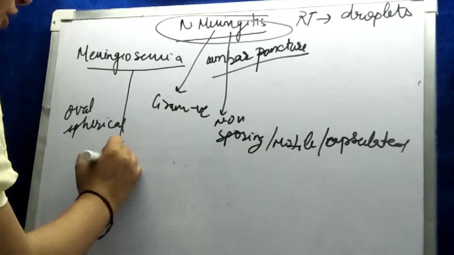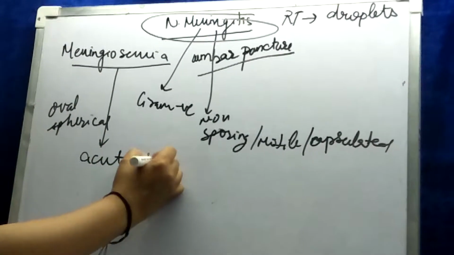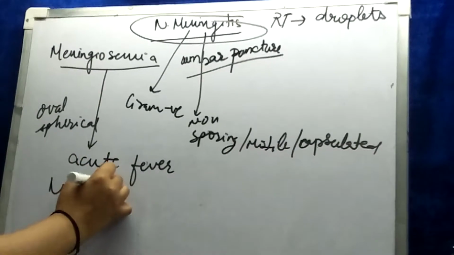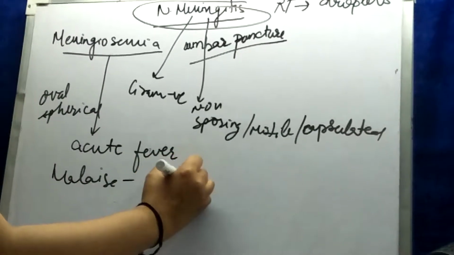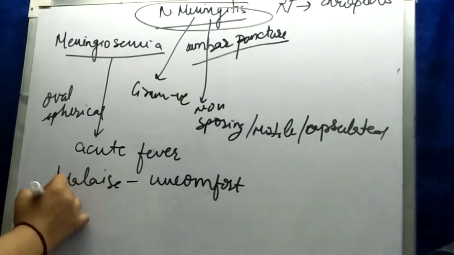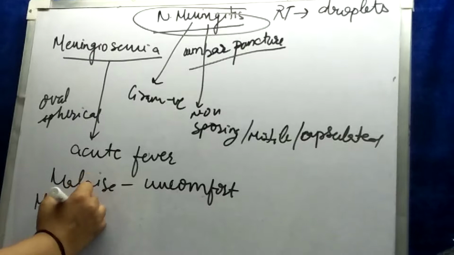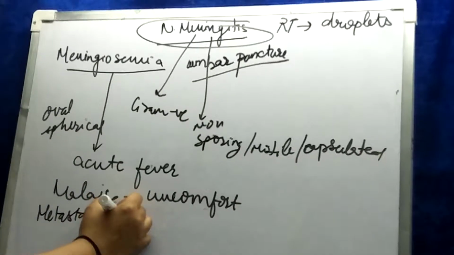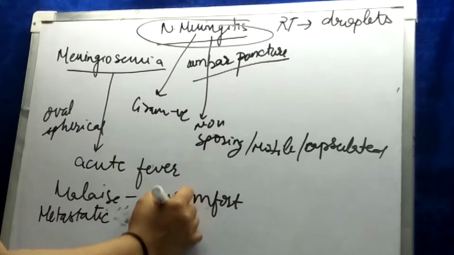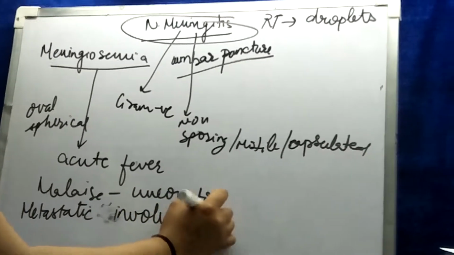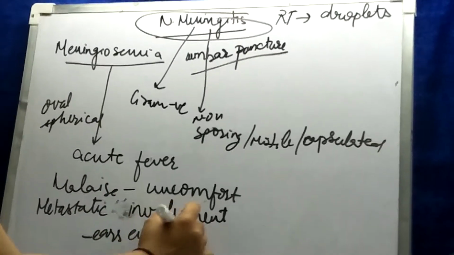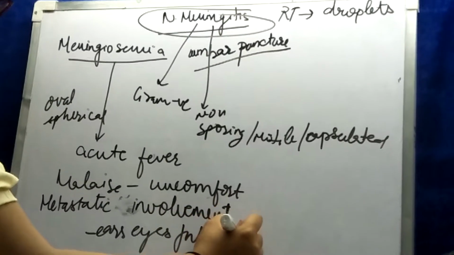Meningococcemia is a condition of acute fever, malaise, which means discomfort, and sometimes there is metastatic involvement of ears, eyes, joints and lungs.